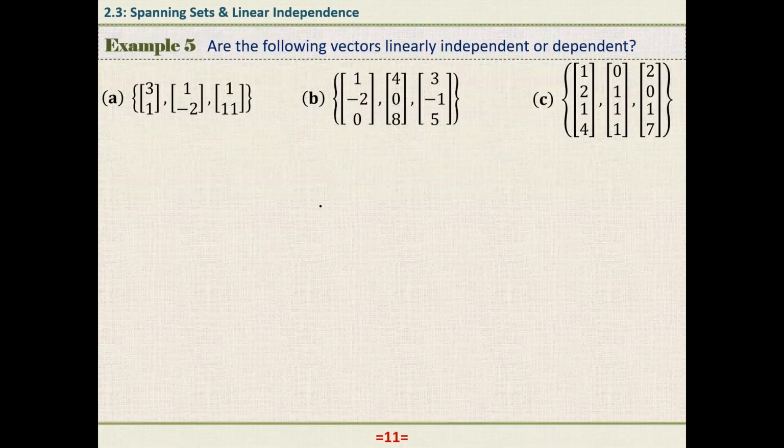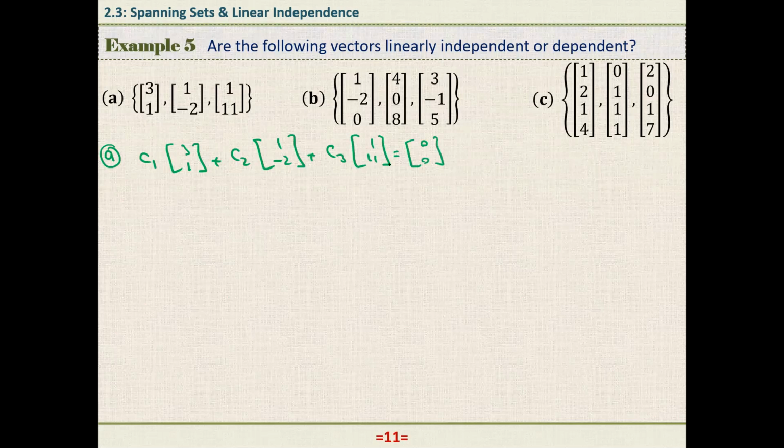Are the following vectors linearly independent or dependent? Is it possible to find, for A, c1 times (3, 1), plus c2 times (1, -2), plus c3 times (1, 11), that is equal to the 0 vector, (0, 0)?